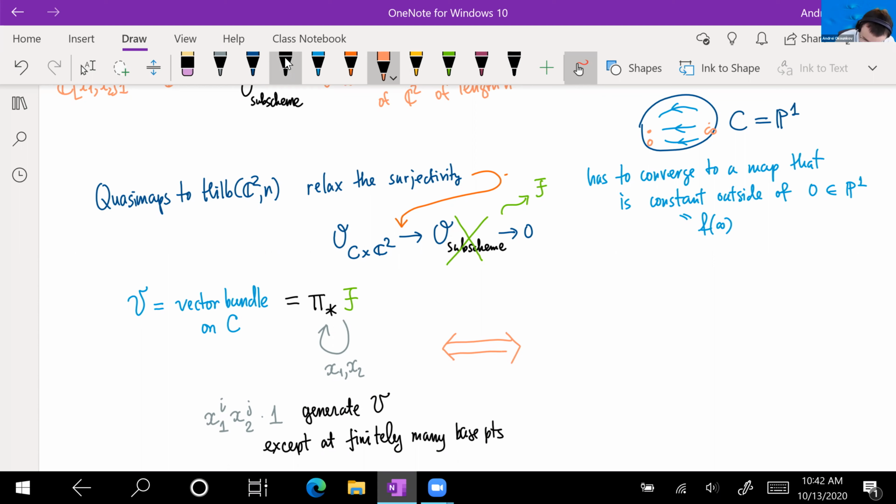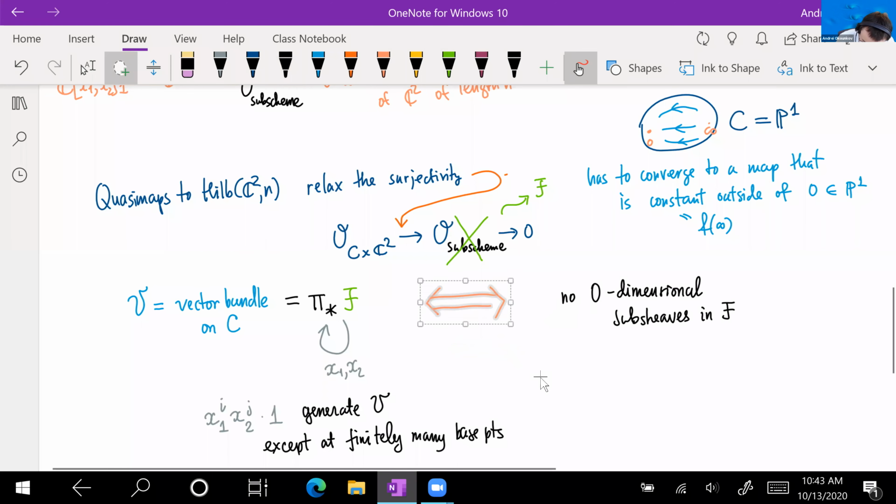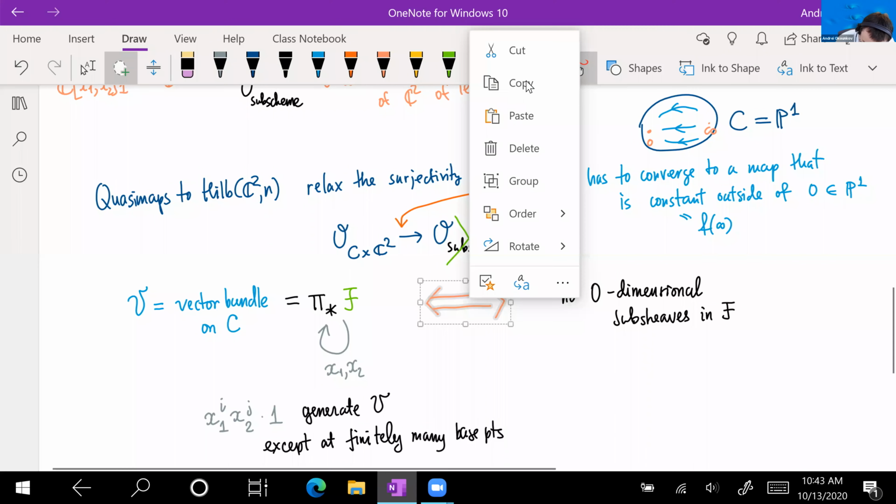So the first part, this being a vector bundle, happens if and only if there is no zero-dimensional subsheaf in F. So this is this part. Maybe I'll move this part here, and then this part, the generation part.